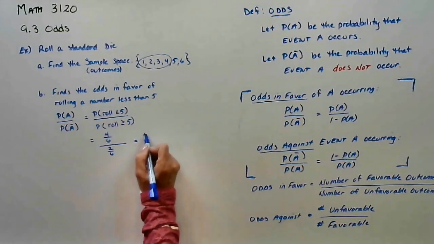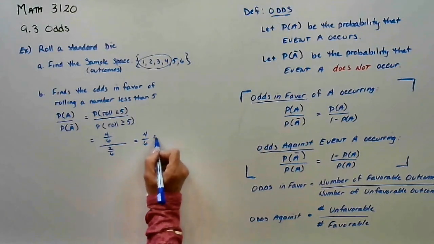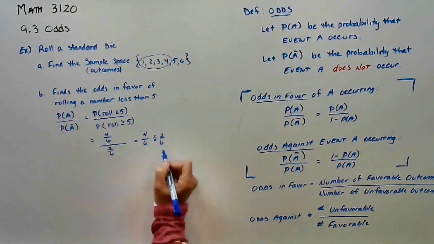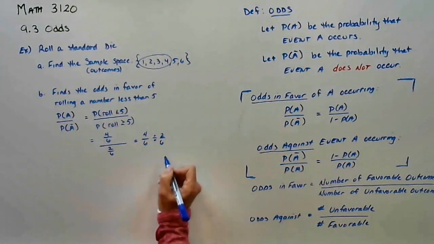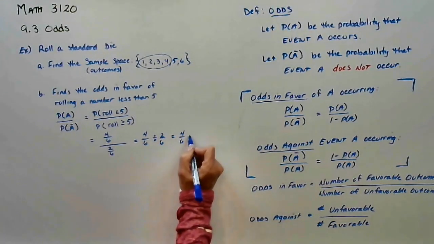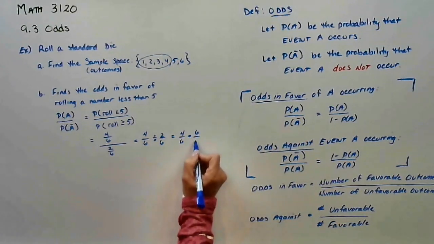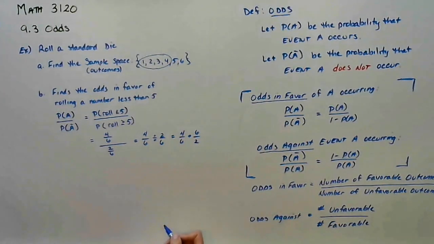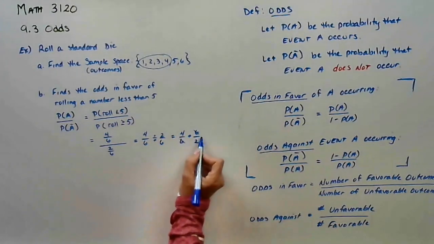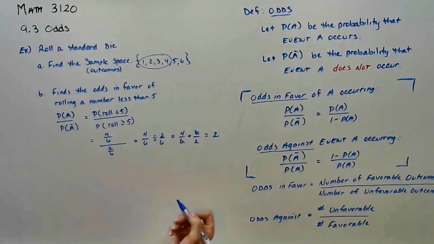To refresh your memory from elementary school, this is the same as 4/6 divided by 2/6. Division is the same as multiplying by the reciprocal. So the division changes to multiplication. 2 over 6 becomes 6 over 2. 6 is reduced, and we're left with 4 divided by 2, which is 2.